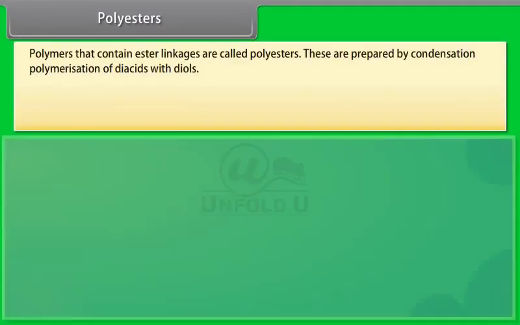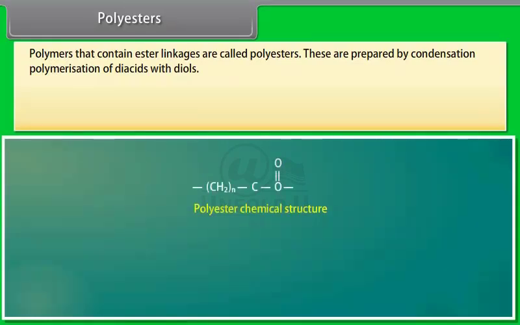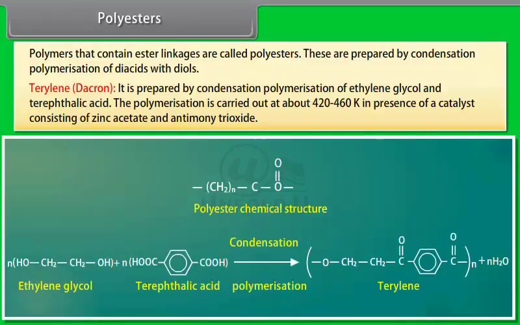Polyesters: polymers that contain ester linkages are called polyesters. These are prepared by condensation polymerization of diacids with diols. Terylene, or Dacron, is prepared by condensation polymerization of ethylene glycol and terephthalic acid.